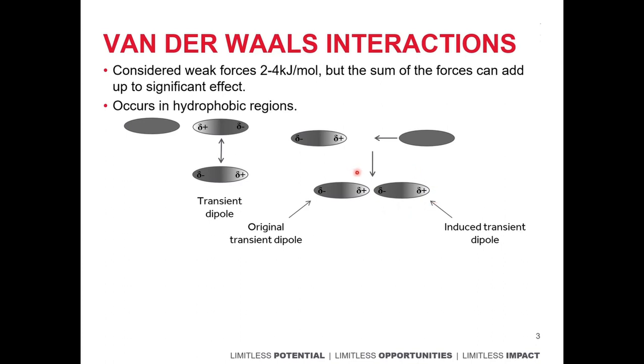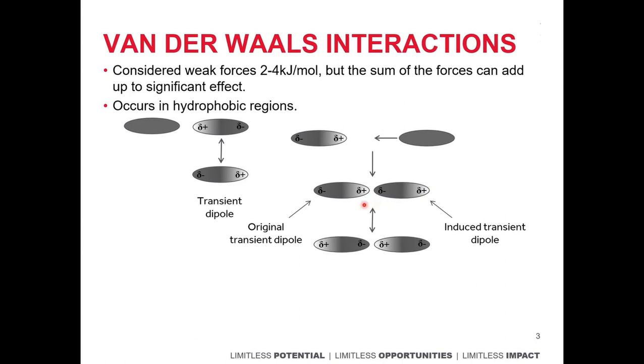So for example, if the original molecule has a slight positive charge here, it will slightly attract the electrons in the functional group on the second molecule. And so it will very, very slightly attract the electrons in the second molecule towards the original dipole with the slight positive charge. So we end up with a slight positive charge on the original dipole and a slight negative on the other. And this is an attractive force which attracts the groups together.